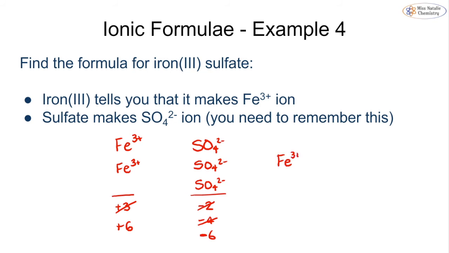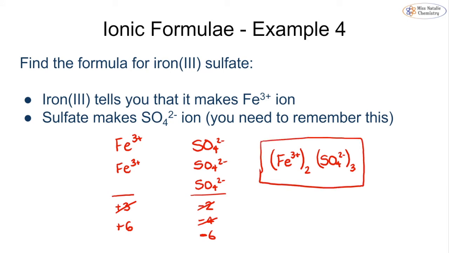So to write my ionic formula, I write each ion, Fe3+, and I have 2 of them, and then I have SO4 2-, and I have 3 of them. So that is my ionic formula for iron(III) sulfate.